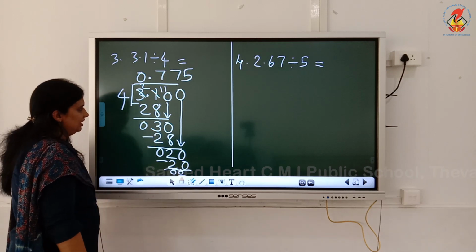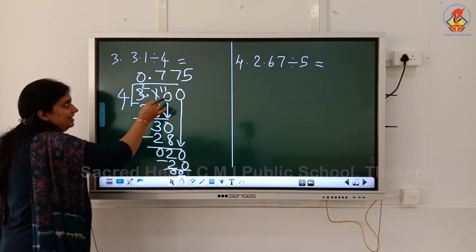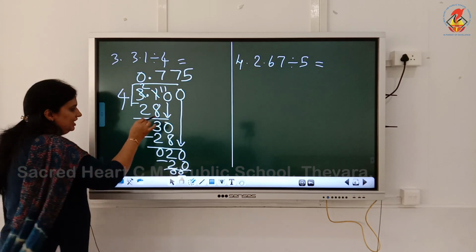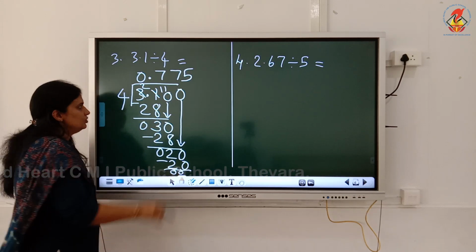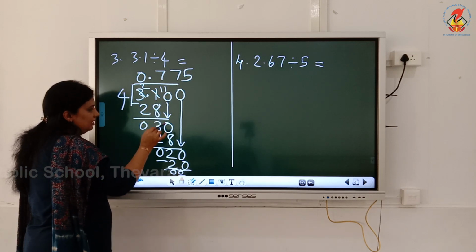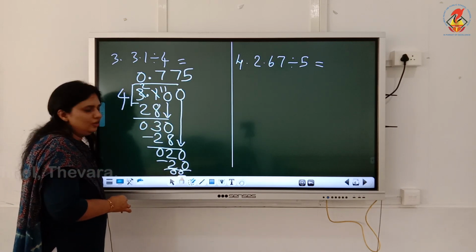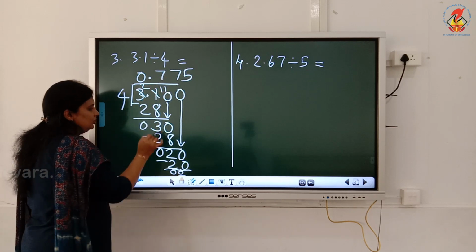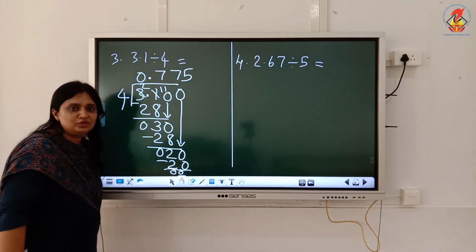I add one 0 here because there is no 0. The remainder is 3 only, so it will become 30. And 4 sevens are 28 and the remainder is 2.